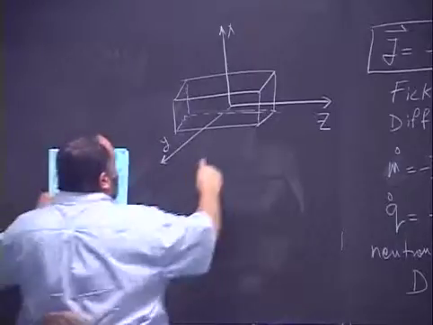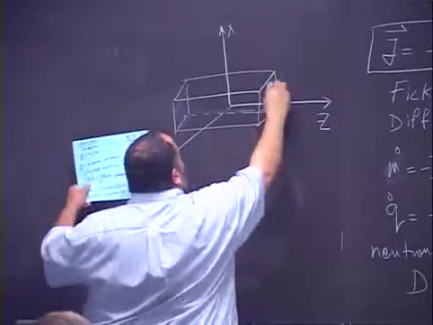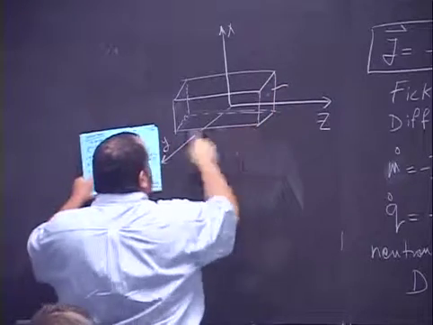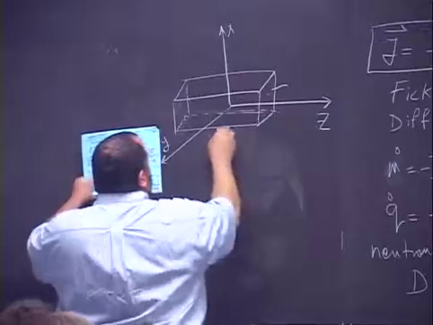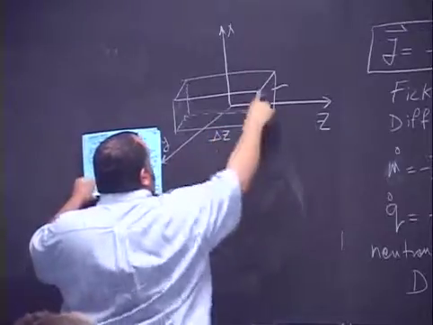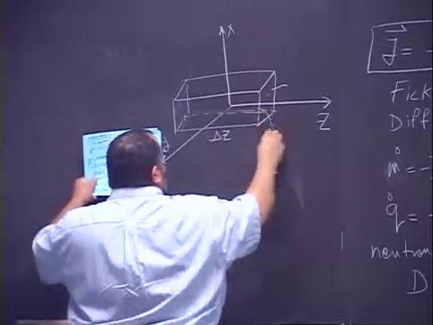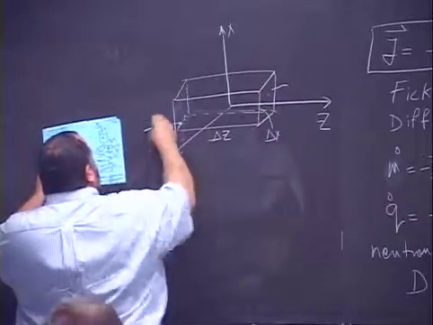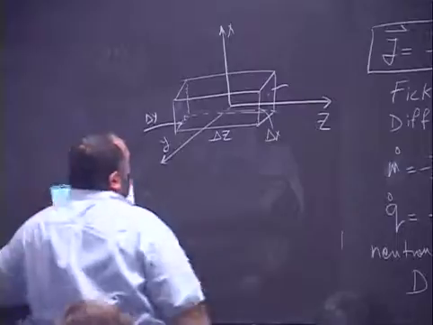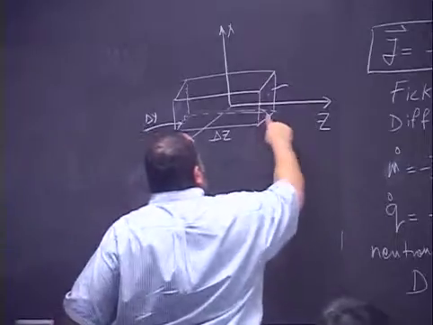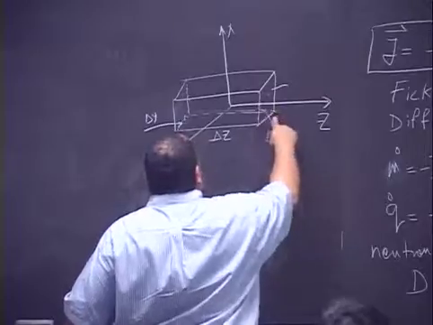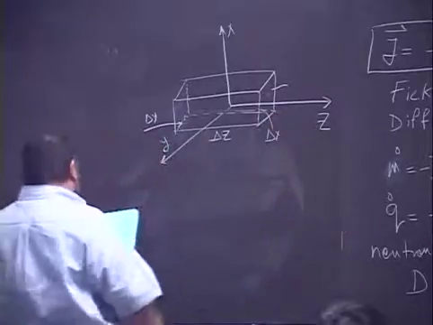This is in the direction of z, so this is delta z, this is in the direction of x, so this is delta x, and this is in the direction of y, so this is delta y. So this area is delta x multiplied by delta y, and so on.